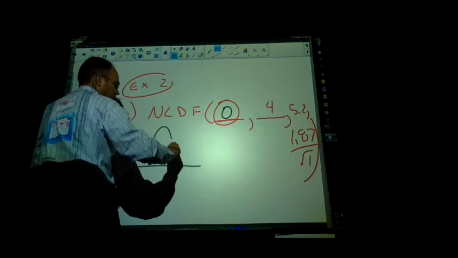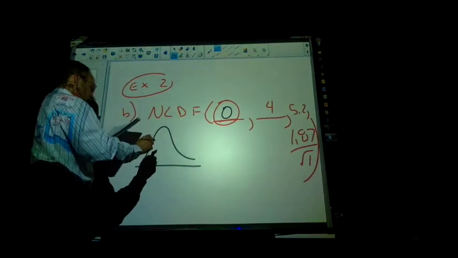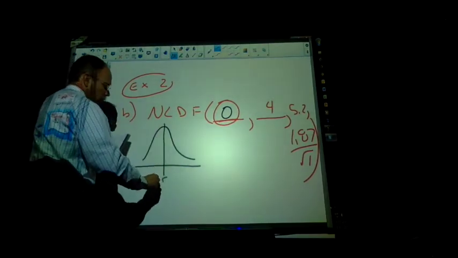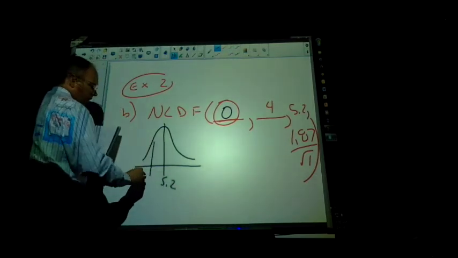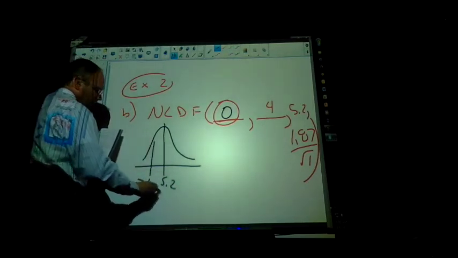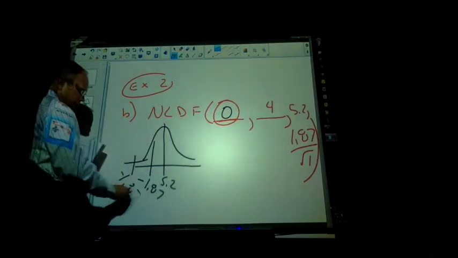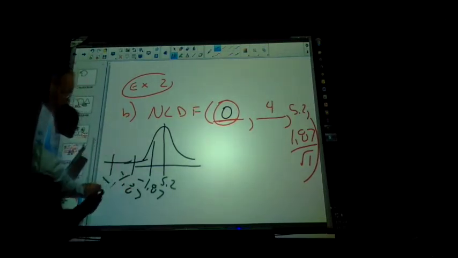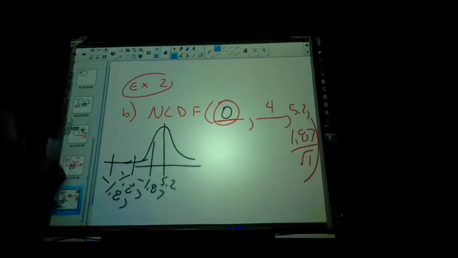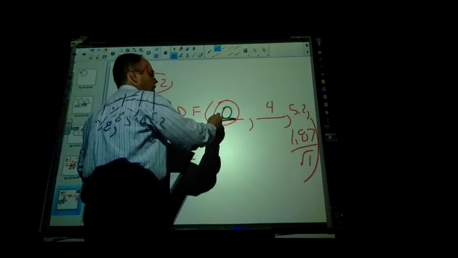But think about this. This says 5.2, and our standard deviation is 1.87. And if I keep taking 1.87 away, how close to 0 are we here? Pretty close. So I don't know if 0 is actually a good one.